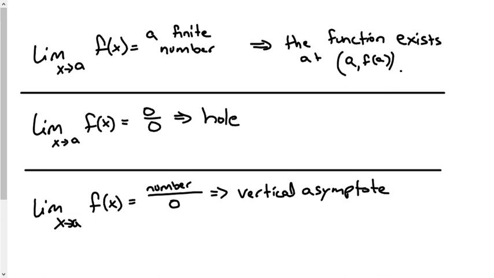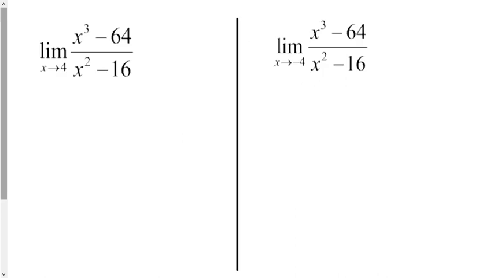Now, let's look at a few more examples together. And as always, make sure you pause and just give this a shot. Make sure you can do this. We'll really dive into this in some future lessons, but we want to get the hang of this notation right now. The limit as x approaches 4. I'm going to start with a direct substitution.